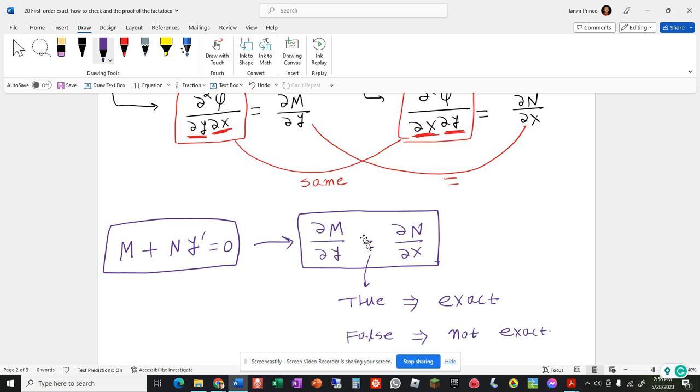You have to use some other method. Maybe it is linear, or maybe it is separable, and there are several other methods that we're going to learn later on, but it is not exact. And if it is true, then yes, you can go ahead and try to find the phi. How we are going to find the phi, we're going to look at in the next episode.